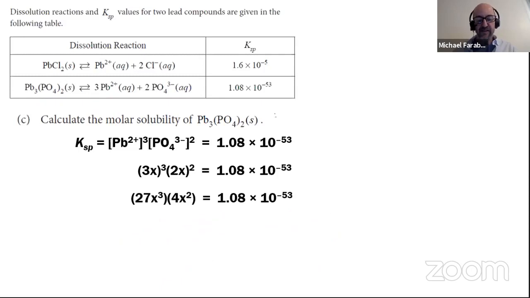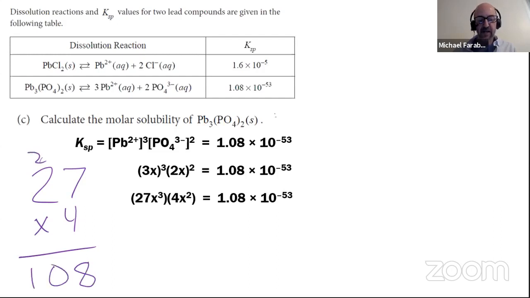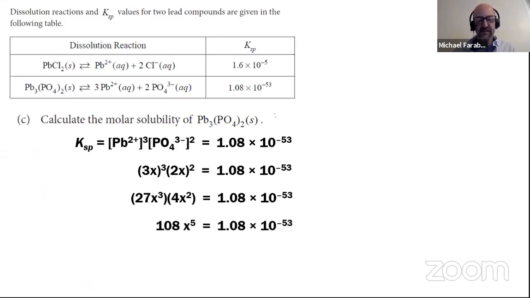Now, 27 times 4. 7 times 4 is 28. Carry the 2. 2 times 4 is 8, plus 2 is 10. 27 times 4 is 108. So that means that we have 108 times x to the fifth equals 1.08 times 10 to the negative 53.